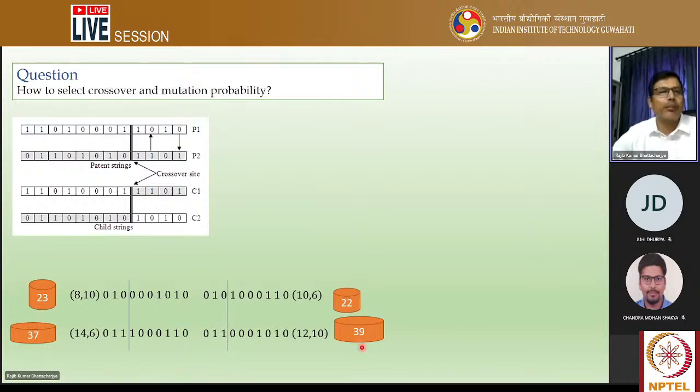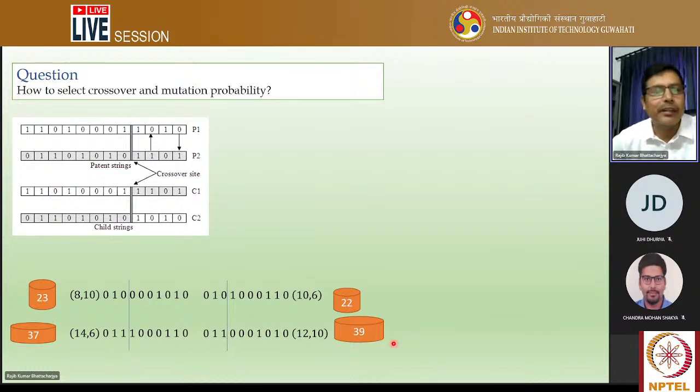Now just compare the parents and the children. After crossover, I am getting a solution which is near the parents. One parent was 23, and after crossover I get 22. That means I am getting a solution near the parents.